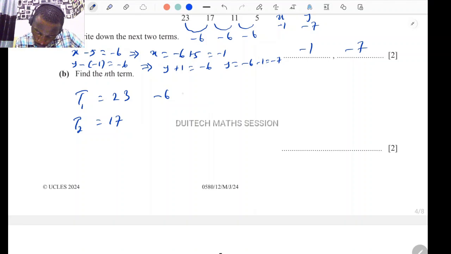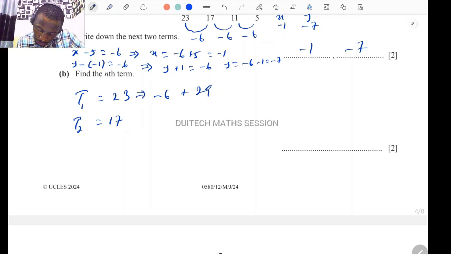So plus what will give me 23? I just wanted to understand how these things work. Now I know that if I remove 6 from 29, I'll have 23, right? But I have minus 6, so minus 6 plus 29 will give me 23, right?